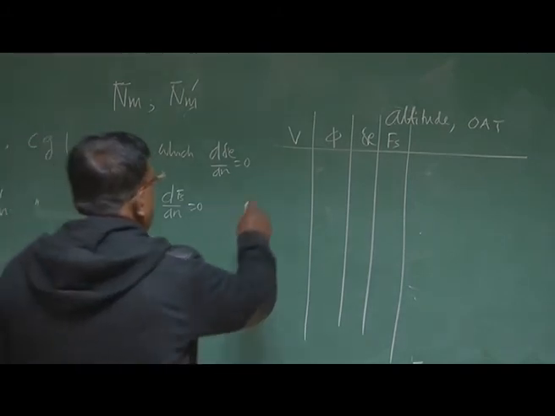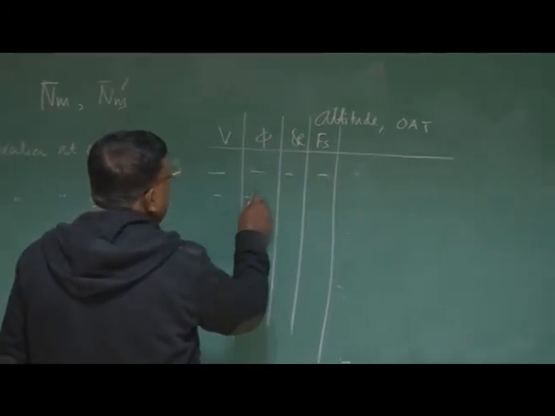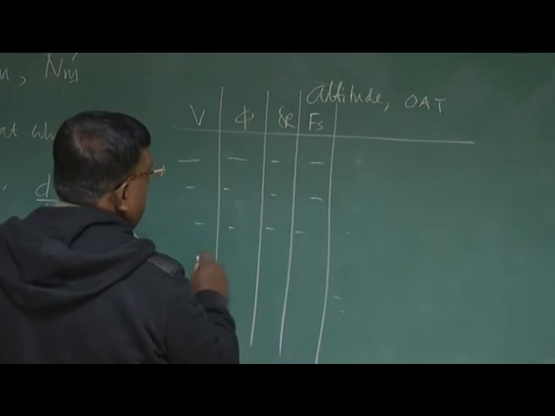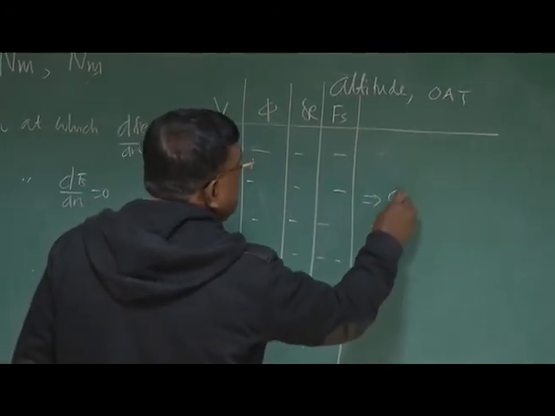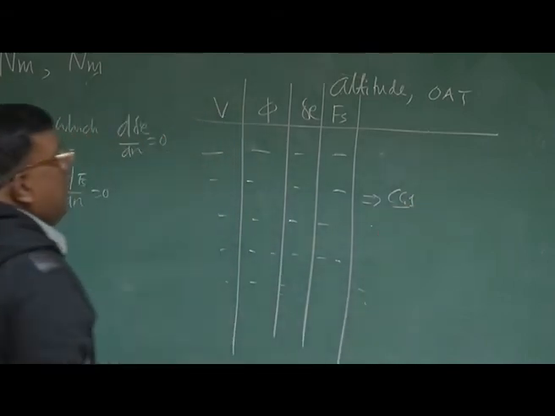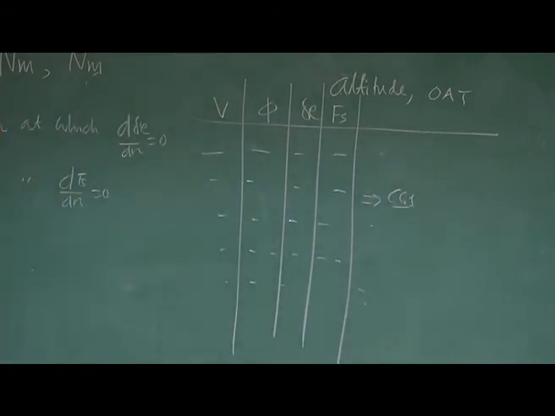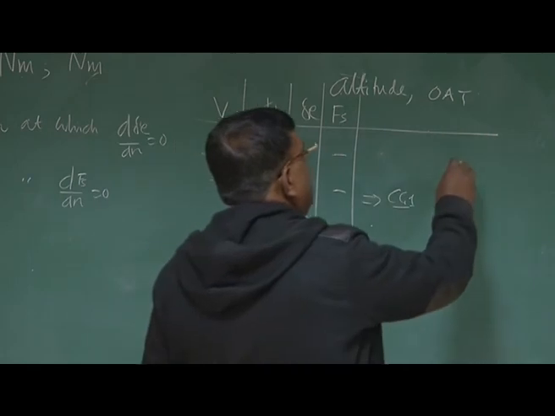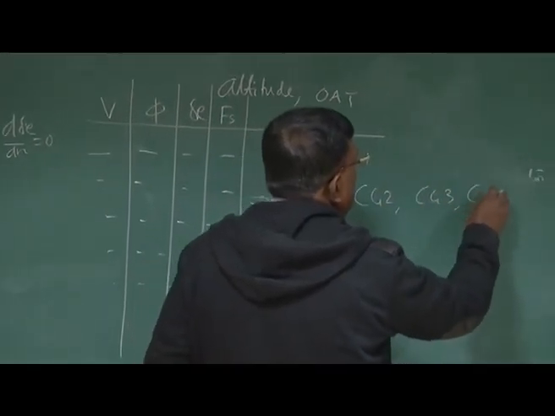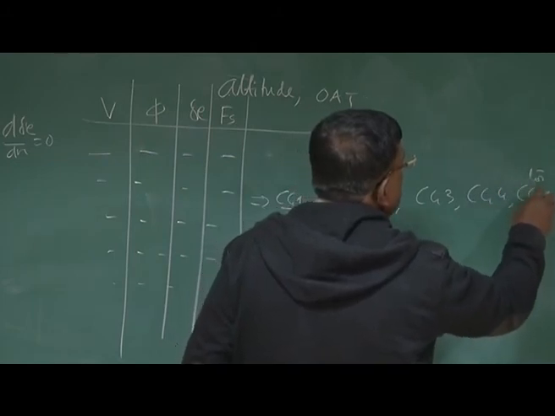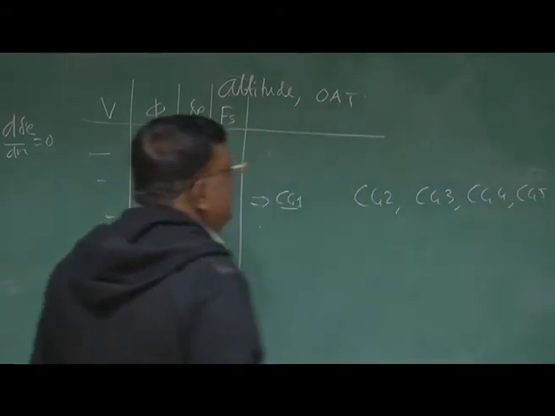Now, for different V, I have these sets of values, right? For one batch, I say this corresponds to CG1. I repeat this same experiment for CG2, CG3, as I have been doing for other cases, a different combination. Clear?